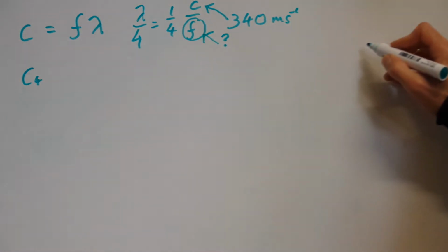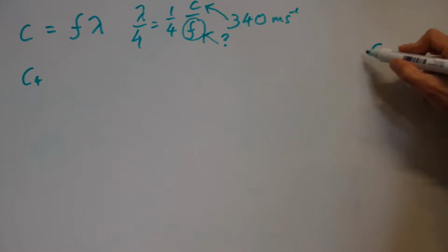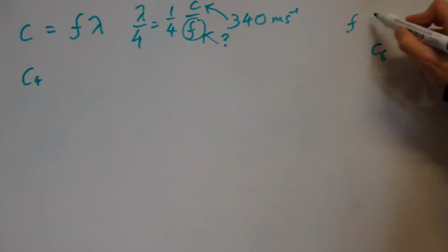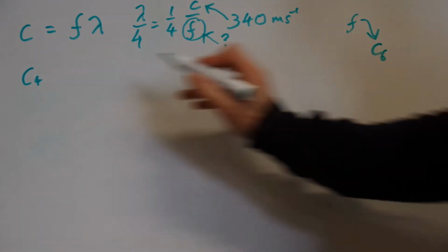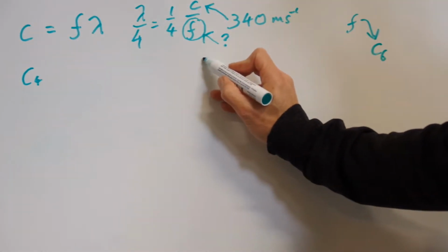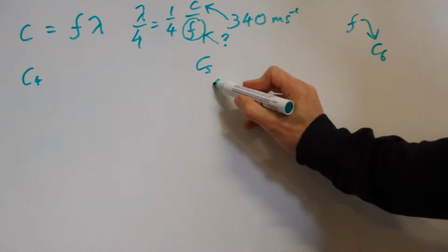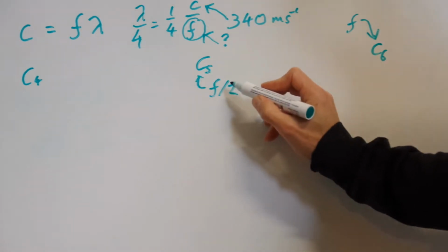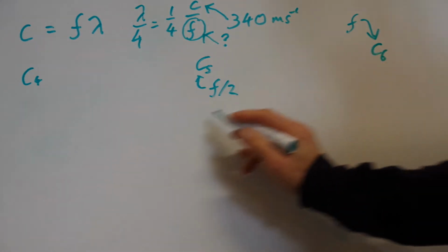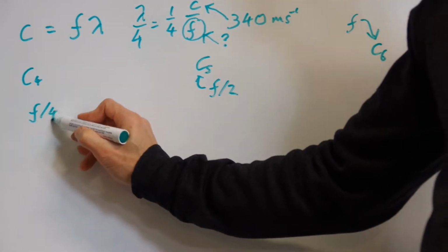The C that the singer is singing at was C6. We want to figure out what is the frequency of C6. And in between C6 and C4 is C5. So we have a factor of 2, so C5 has a frequency which is half of C6, and C4 in turn has a frequency which is a quarter.